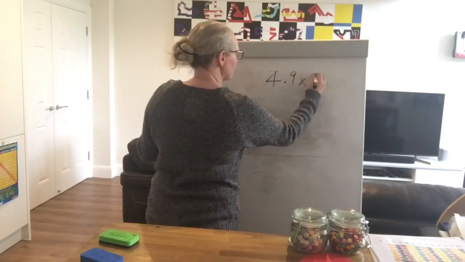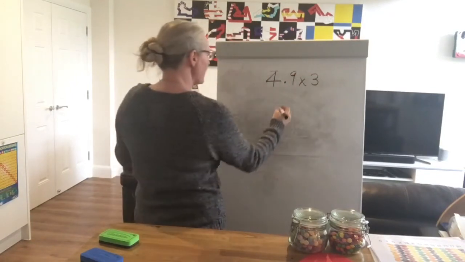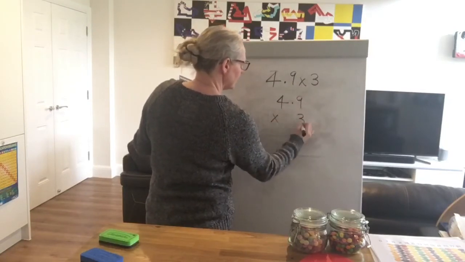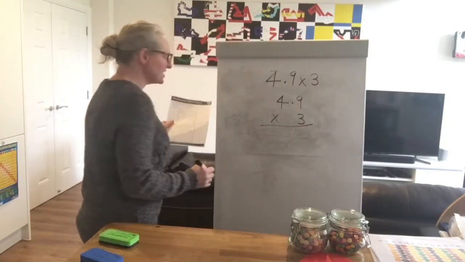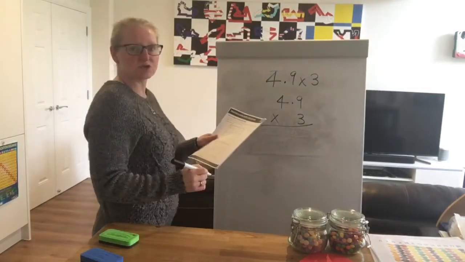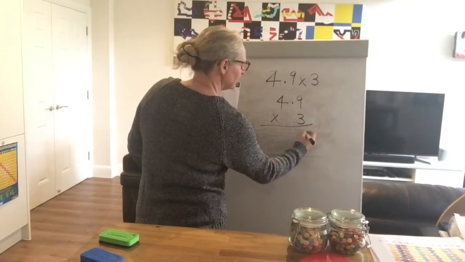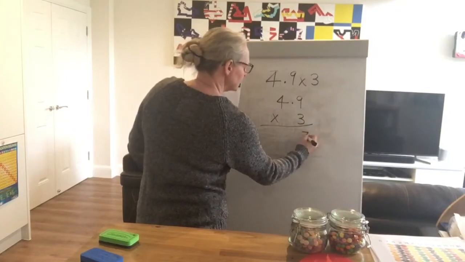Okay, so the example I use is 4.9 multiplied by 3. So what we're actually going to do is 4.9 multiplied by 3. Just like we would in short multiplication, we're going to multiply 3 by 9 is 27.